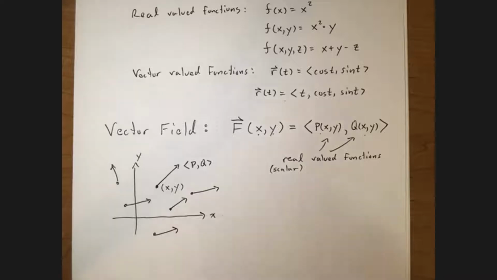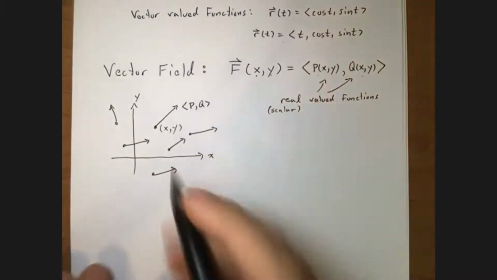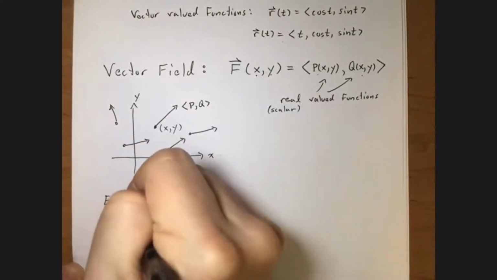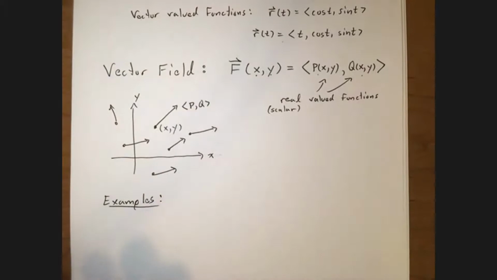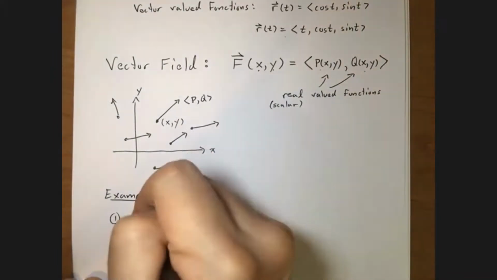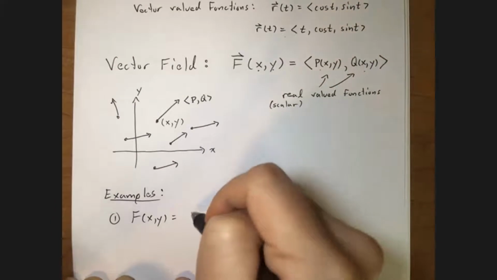So let's look at some examples of vector fields. Example number 1 will be the function, let's just look at a very simple one.